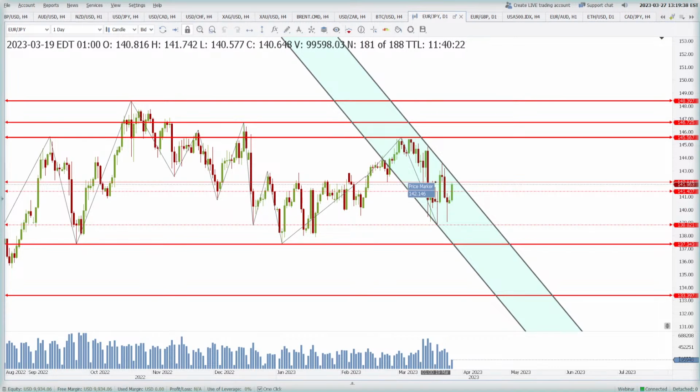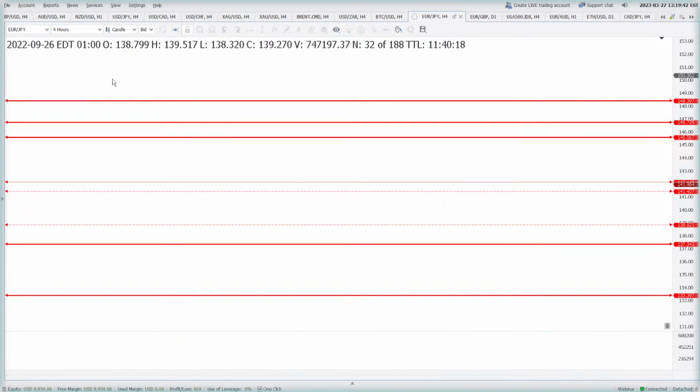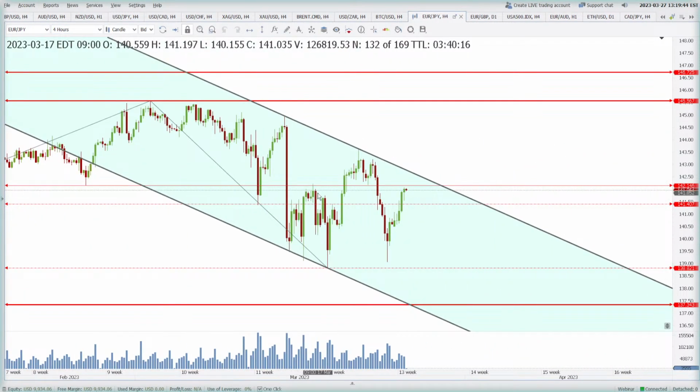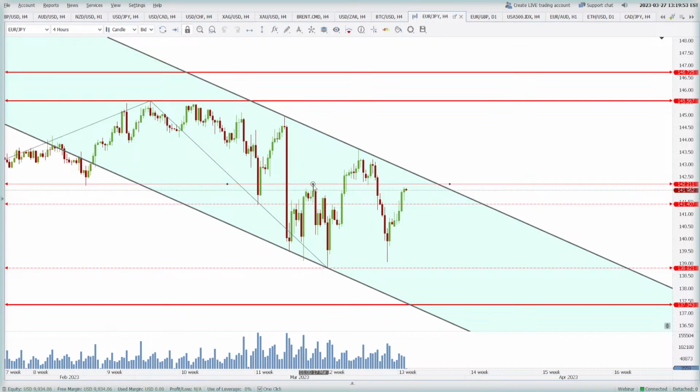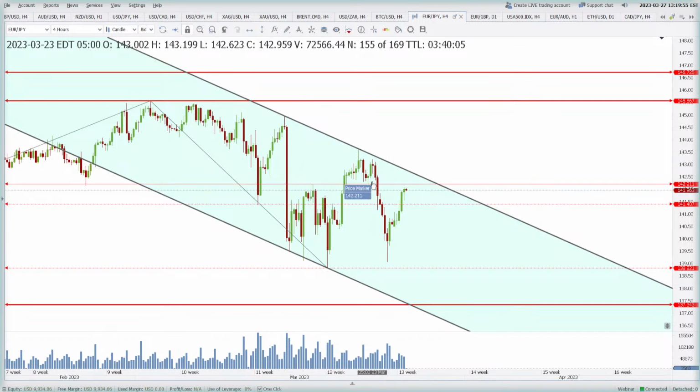Again, it should be acting as a good resistance here, but once a level is breached so many times, it loses its value. But if you notice that 142.14 area, whenever it is approached by the price, not that, but 142.20 area, every time the price goes here, it is reacting to this level. So again, when the price approaches here, maybe you will get a rejection to the downside, 138.82 area maybe.